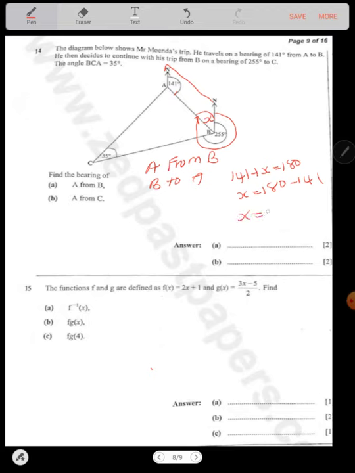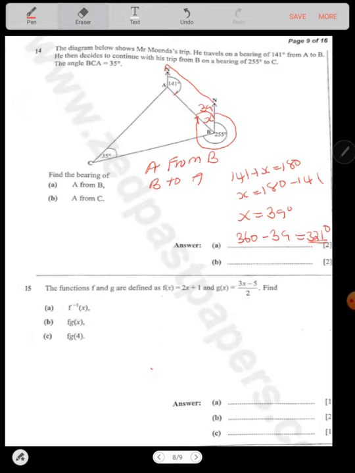And X will give you 39 degrees. So this angle here is 39. Now know that the whole angle there will give you 360 because it's a circle. Hence our bearing will be 360 minus 39. It will give us 321 degrees. So that's the bearing.